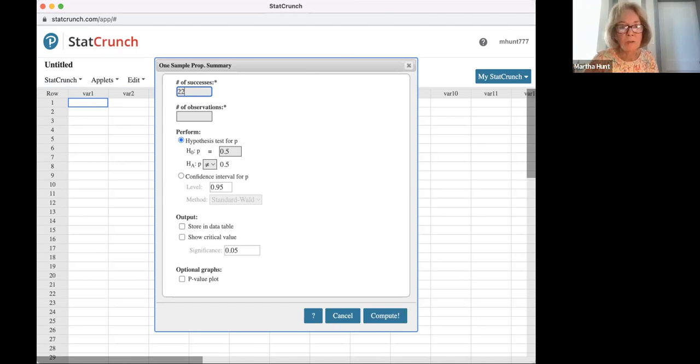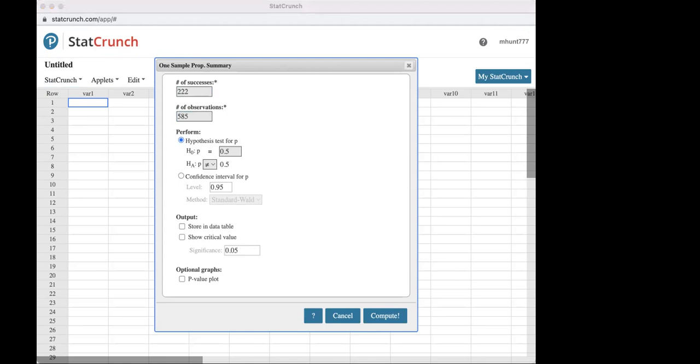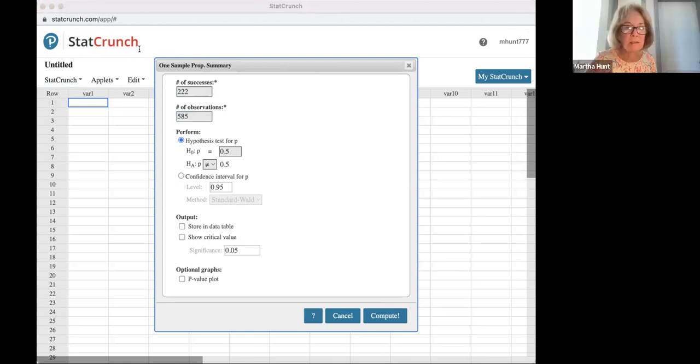So 222 were mislabeled out of a total of 585 sampled. And of course, I've already forgotten, was it a 90% confidence interval? Yep, it was.